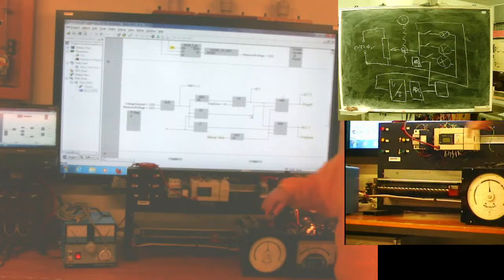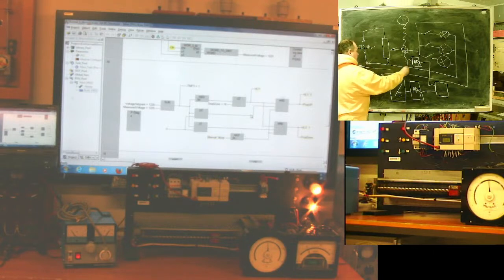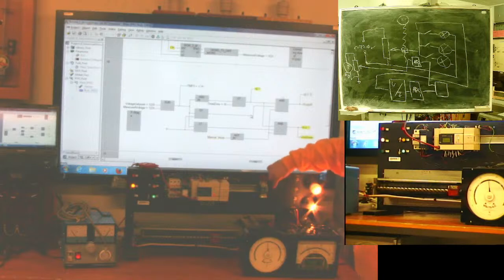And for the second one, I have a source of E0, ground, with this trim, I can change the set point.